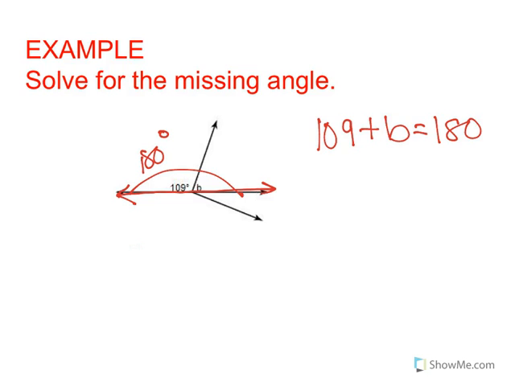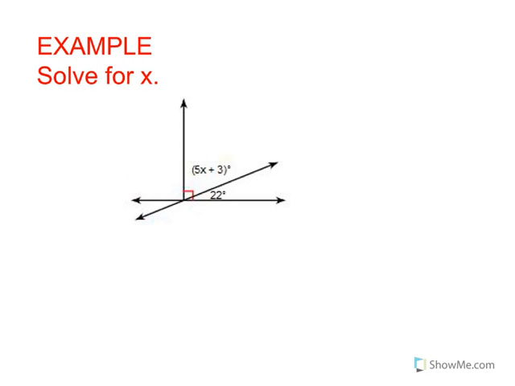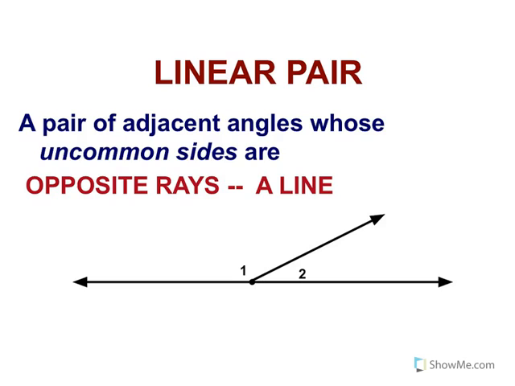And 180 minus 109, I'm not trusting my brain right now, is 71. So B equals 71. Again, supplementary because they add up to 180. We know that because they're on a straight line. Now, this pair actually has a special name. They are a linear pair. Okay? We'll come back to that.